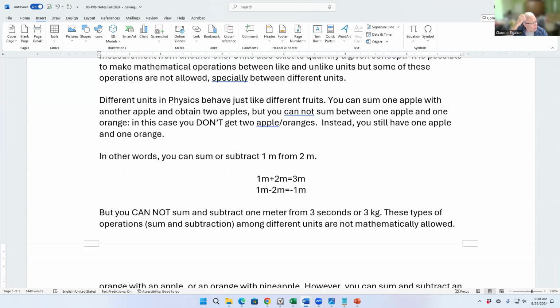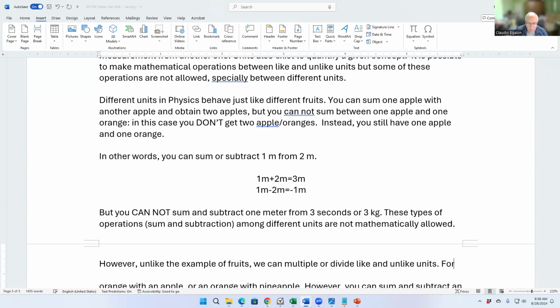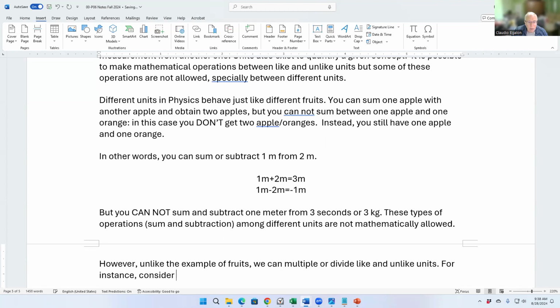But a very important distinction between fruits and units is that, unlike the example of fruits, we can multiply or divide like and unlike units. For instance, consider a square of 1 meter of size.